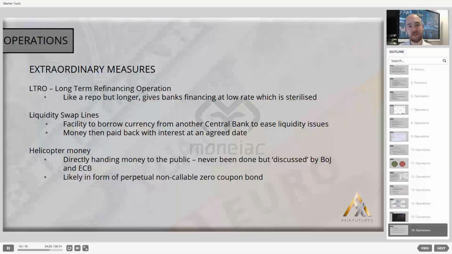Whereas with a 10-year bond, if you own the bond, you are then paid the money, the value of the bond upon its maturity. So you can't call the bond to be paid, and it will be zero coupon, therefore zero interest rate, effectively meaning that this is totally free borrowing for an unlimited period of time that cannot be called back.